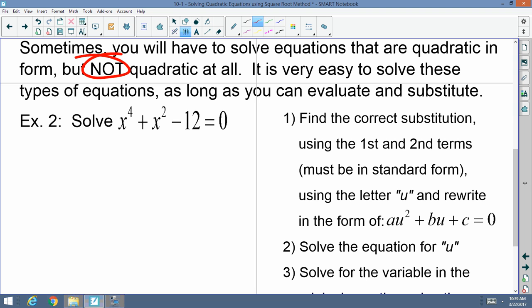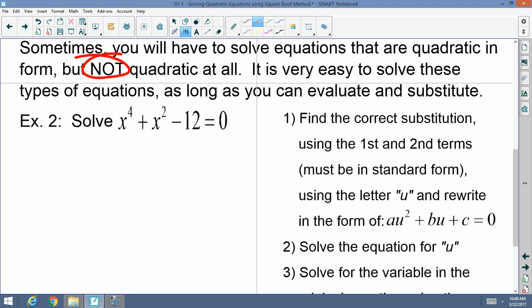When you have something like this, let's look at what it says to do. Find the correct substitution using the first and second terms, must be in standard form, using the letter U, and rewrite in the form of AU squared plus BU plus C. That's real nice, and it may be Chinese to most of you, so let me break it down.